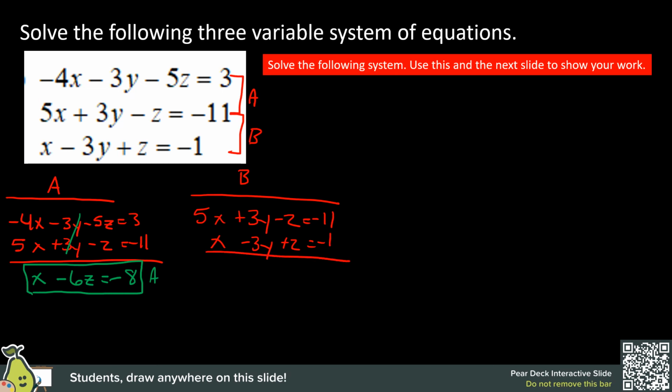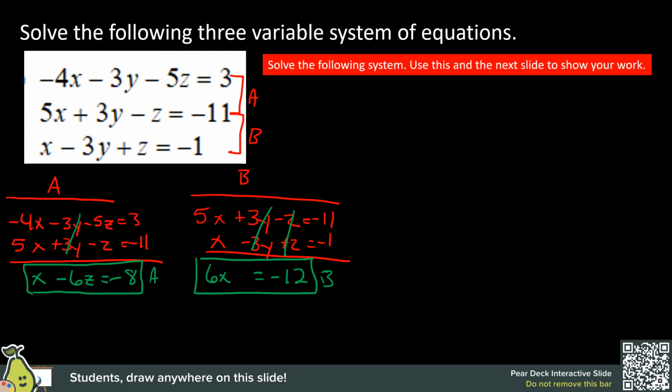When I add these up, 5x plus 1x is 6x. 3y minus 3y simplifies out. Negative z plus z also simplifies out. That equals negative 11 minus 1, which is negative 12. Okay, and this would be our B. And these are the two equations that we now want to use.